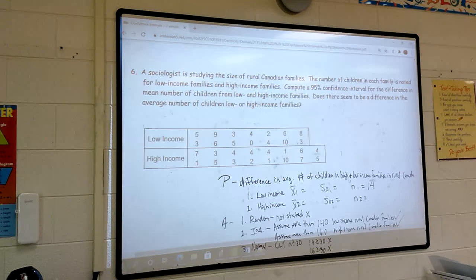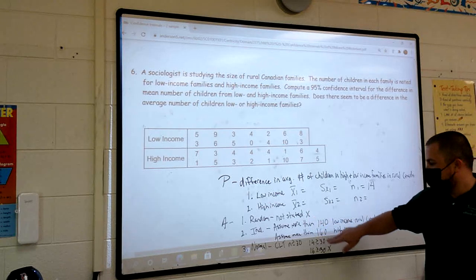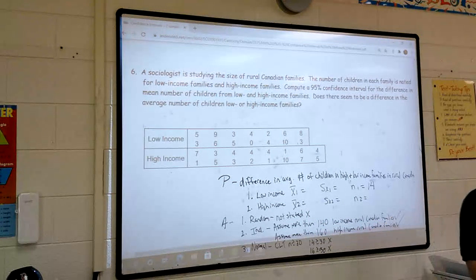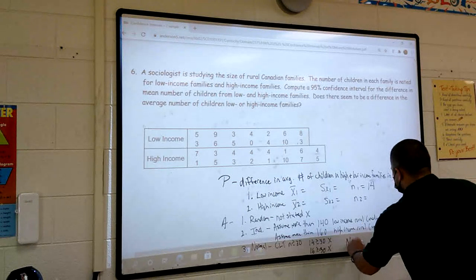So maybe he just found some families that he knew. Could this be totally biased? It could be, yeah. It could be biased because it's not stated that he randomly got the numbers, and the sample sizes are small, so it can definitely be biased. All right, so there's your A. N, this is a 2-sample T interval.